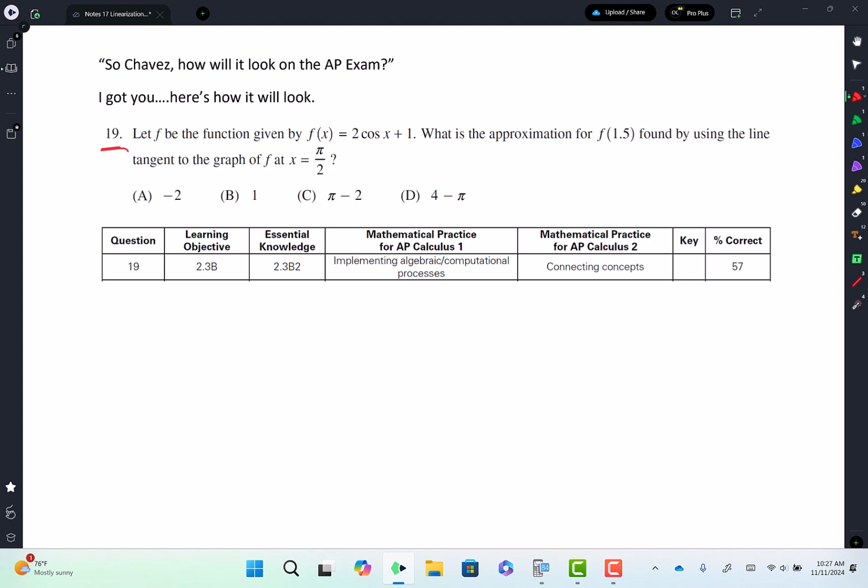All right. Here we go, guys. This is a real question from a real AP exam. Do you guys want to take 2 minutes to see if you can figure it out? Take 2 minutes, guys. See if you guys can figure it out. No calculator on this question, guys.